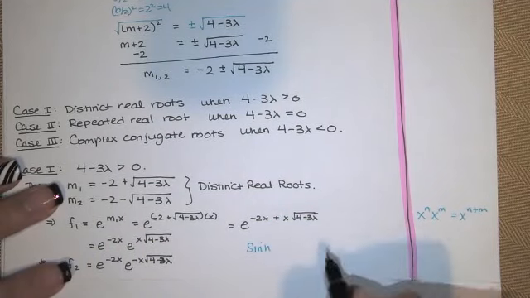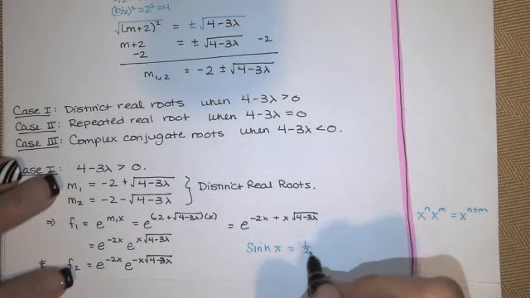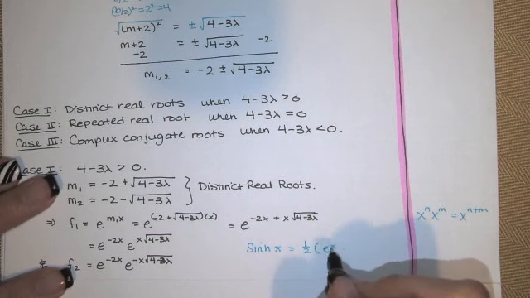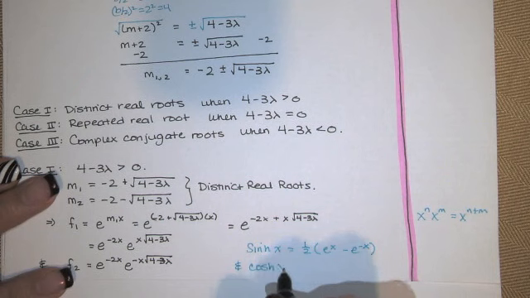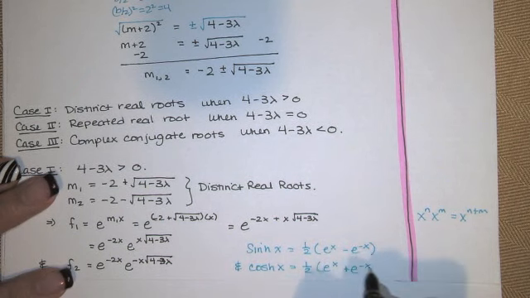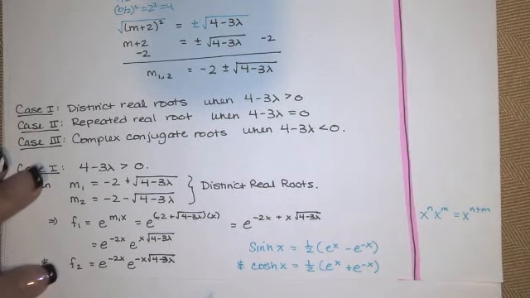Remember from your Calculus 1 or Calculus 2 class that the hyperbolic sine of x is 1/2 of e to the x minus e to the -x, and the hyperbolic cosine of x is 1/2 of e to the x plus e to the negative x. I think I may have misspoke. I may have forgotten that 1/2 when I talked about the hyperbolic sine.